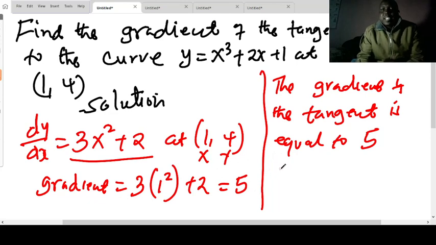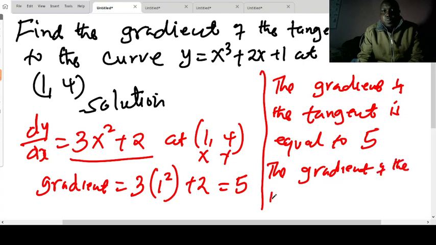Now, what will be the gradient of the normal? Now we know the gradient of the tangent is 5. Then it means the gradient of the normal is equal to negative 1 over 5. So that when we multiply negative 1 over 5 times 5, the answer is negative 1.